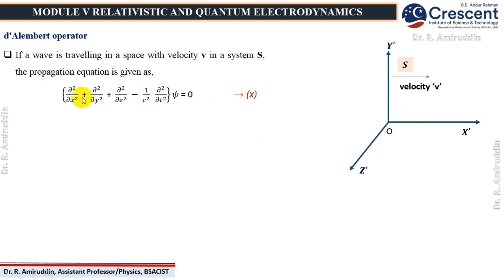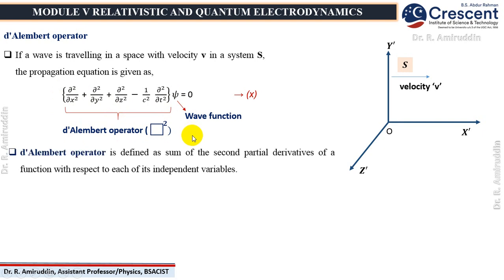The terms within the parenthesis are defined as the d'Alembert operator and labeled as box square. And we do have one more term, the wave function psi, in this equation.